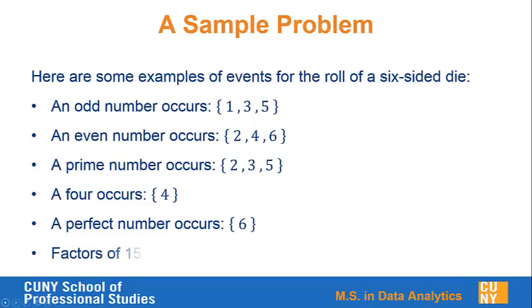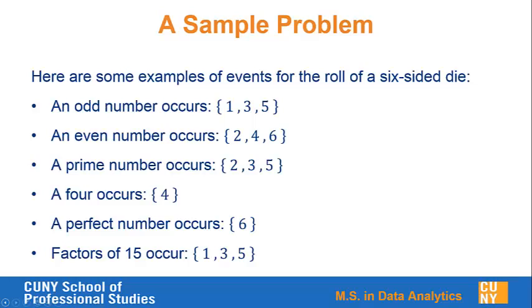And finally, we could say something like a factor of 15 occurs, and that would include 1, 3, or 5. And the important thing to note here is that we get the same event, 1, 3, and 5, by saying a factor of 15 occurs as we do by saying an odd number occurs. So different events can lead to the same list of outcomes.